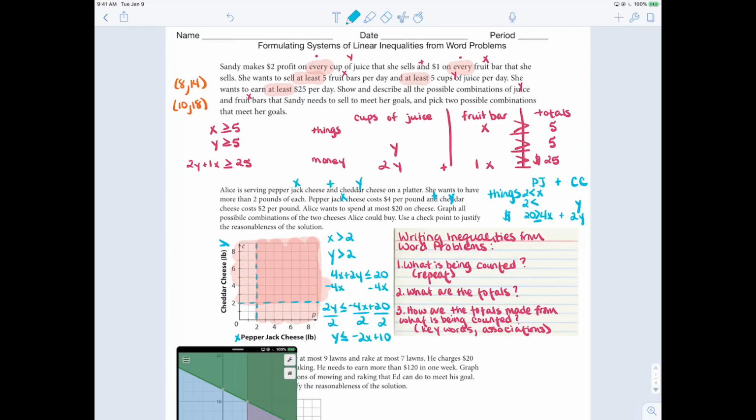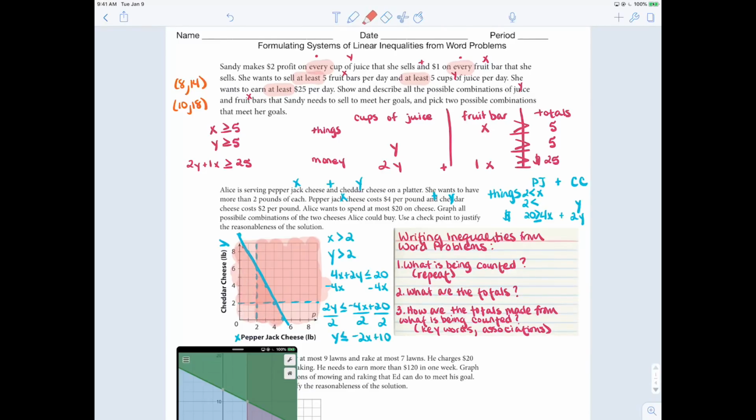So we have this starting value of 10 all the way up top, and it comes down by 2 every time. And it's less than or equal to, so I can connect this with a solid line, no arrows probably because it ends there.